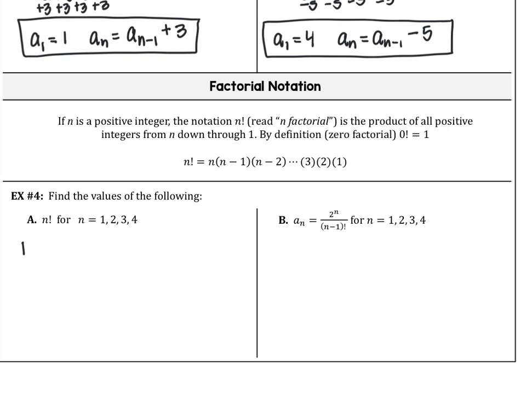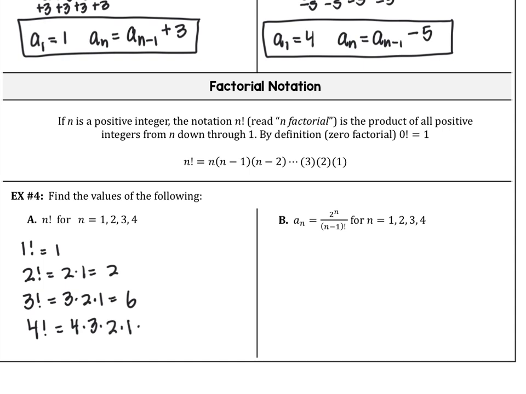So 1 factorial is just 1. 2 factorial would be 2 times 1, which is 2. 3 factorial would be 3 times 2 times 1, which is 6. 4 factorial would be 4 times 3 times 2 times 1, which is 24. So you're just multiplying every number from that number down to 1. That is what that means.